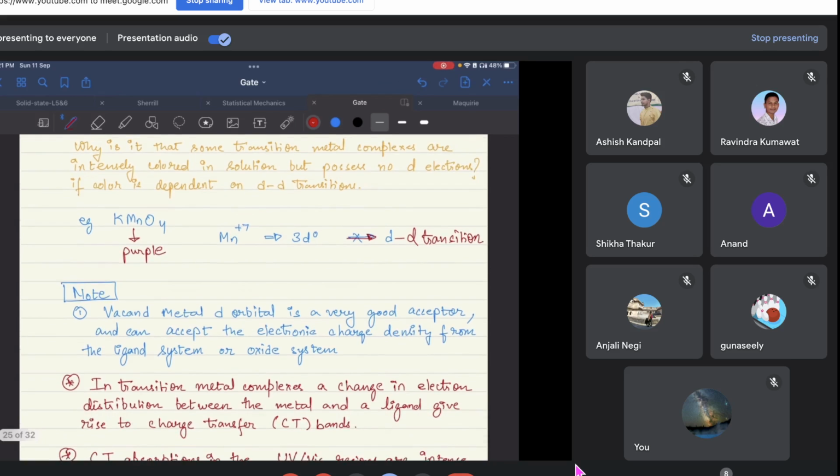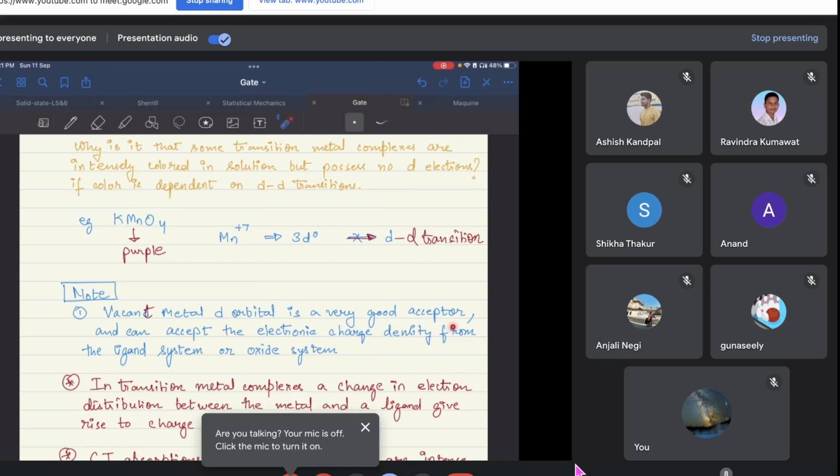So there are things that we have to note here: the vacant metal d orbital is a very good acceptor and can accept the electronic charge density from the ligand system or any oxide system, correct? Because my d orbital is empty here.